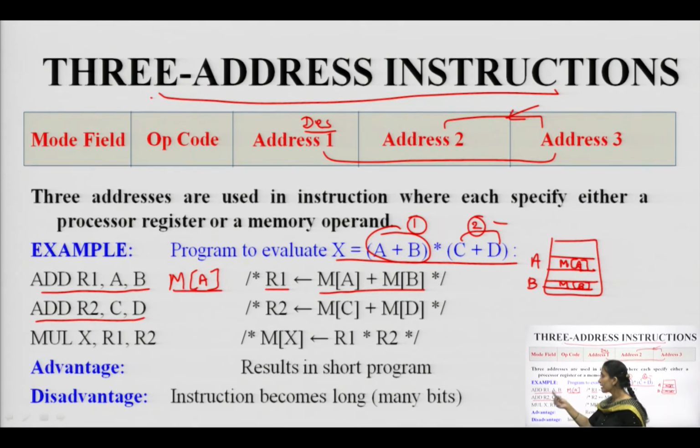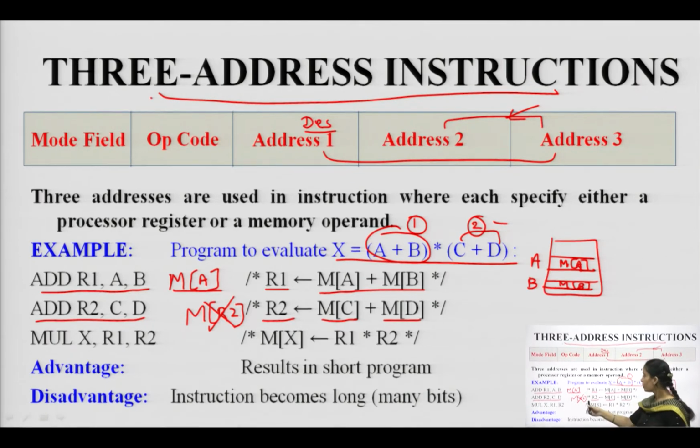I will write my instruction add R2, C, D. This C and D, they are again referring to the addresses. So, M of C and M of D are added together and the result I am getting in R2 register. Here I will not write M of R2. We should be very clear, processor register, we never do like this.